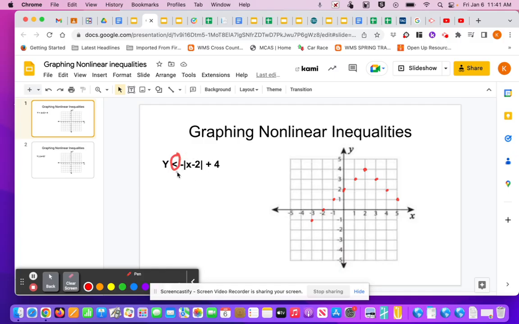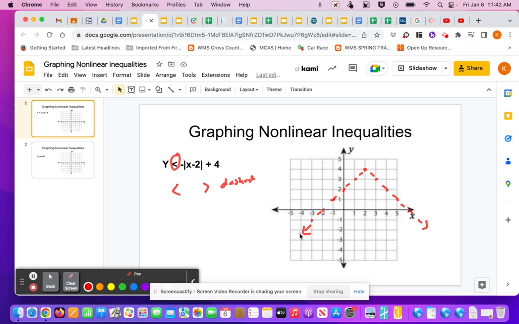I'm pretty sure we remember from the last video that if it's a less than or greater than, we're going to have a dashed line. So I'm going to put a dashed line connecting these, and put arrows on it. That's really great. So that's what it looks like.